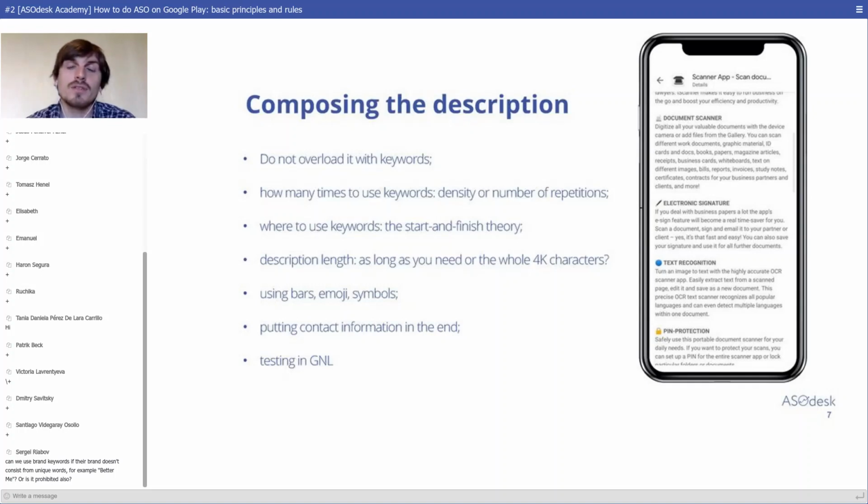Just as an example, if you have an app about taxi, let's say, and Google should attribute it to the taxi category. If you use, for example, 5 times the keyword taxi in the full description, but don't use it at the beginning of the full description, you might get, for example, 0.7 for category taxi by Google Natural Language.